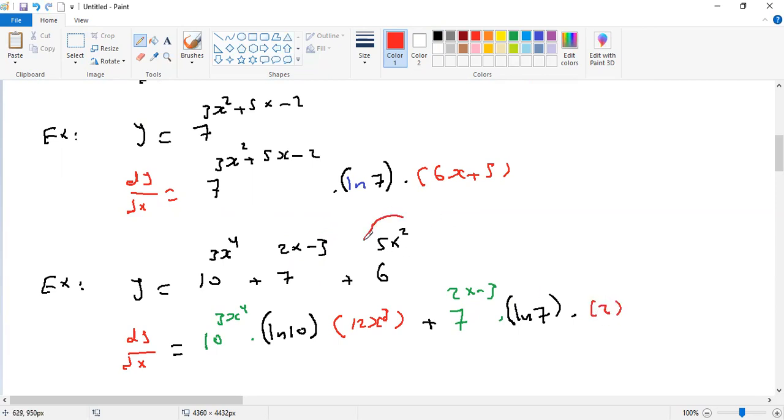The last one, 6 to the power 5x squared: the base is constant and the power is a variable of x, an exponential function.